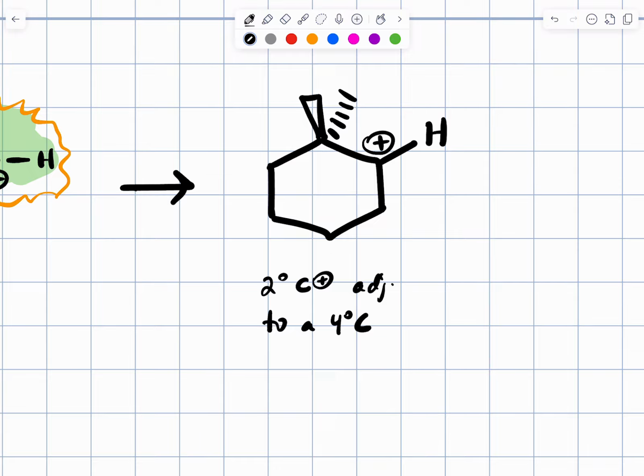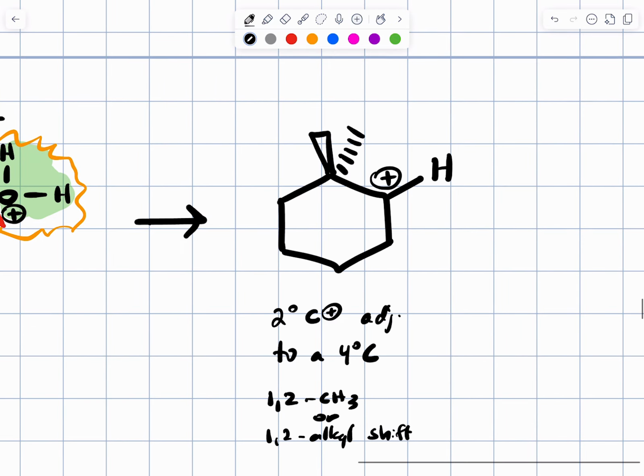That is a classic situation in which I could expect a 1,2-methyl or a 1,2-alkyl shift, to allow a group to lean over and become bonded to the positively charged carbon.